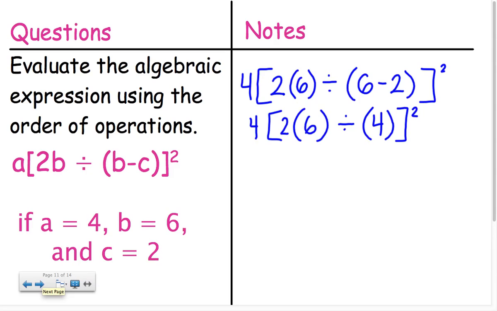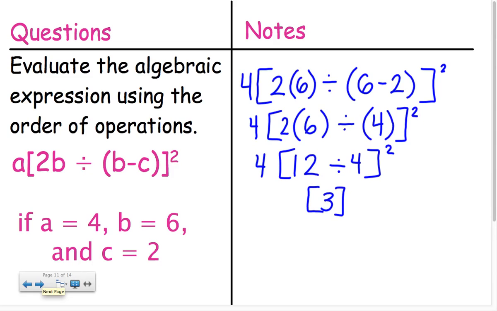So PEMDAS tells us to multiply and divide from left to right. So I'm going to multiply 2 times 6 first to get 12. Oops, I said 16, it should be 12. And then I'm going to copy down the rest of my problem. Alright, now in my brackets I just have 12 divided by 4, which is 3. Copy the rest of my problem.